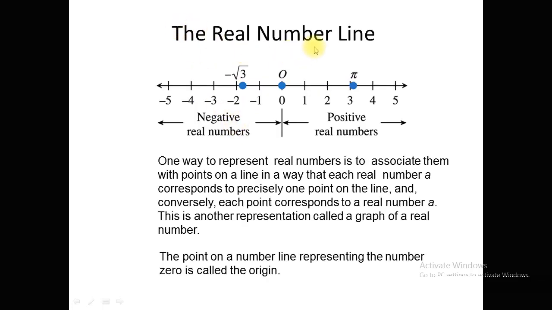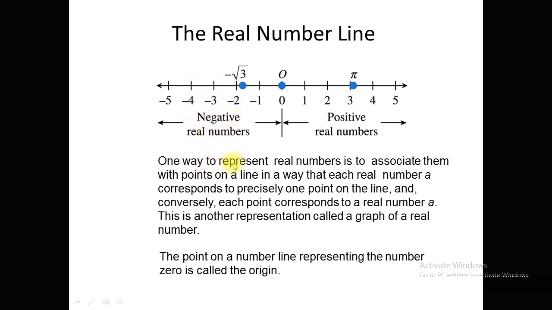Now the real number line. This is a real number line. In the real number line, this point represents the origin, the 0 point, and on this line we put the positive real numbers, and in this direction we put the negative real numbers.